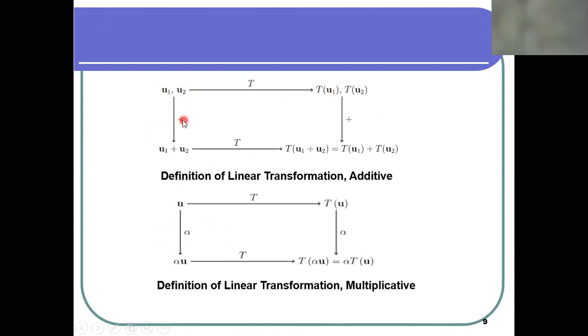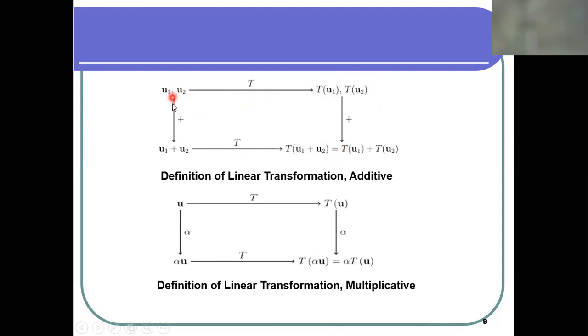If you add U1 plus U2 and take its linear transformation, that is T of U1 plus U2. And if you separately apply T to each element and add both results, so one can say there are two ways to reach this position.